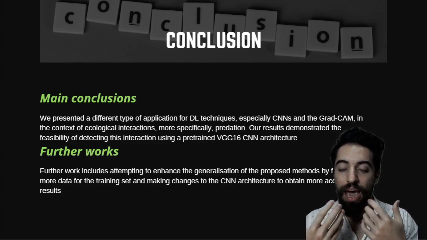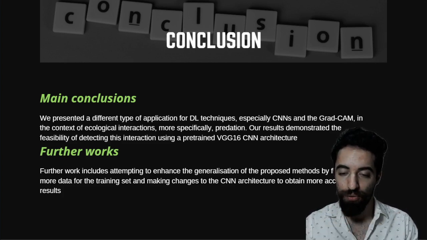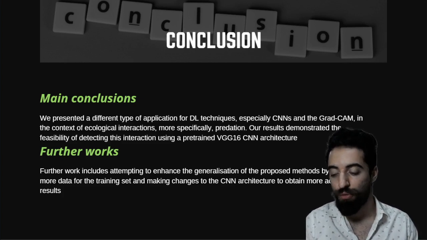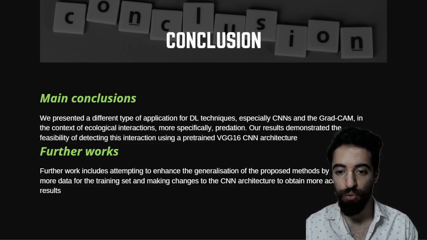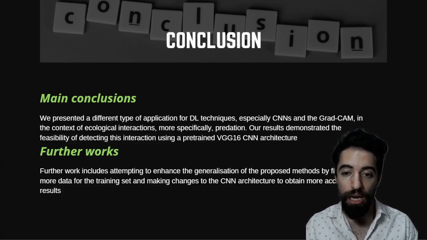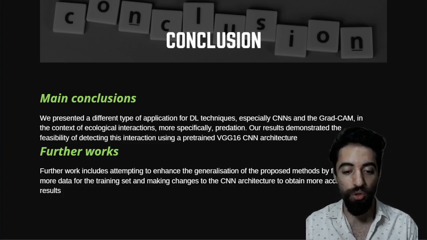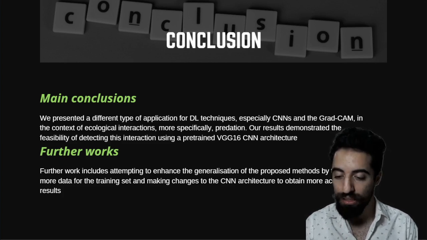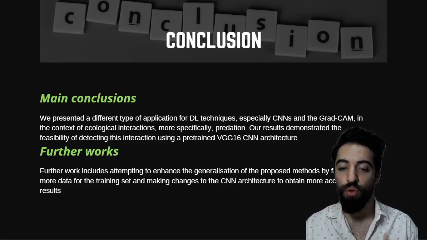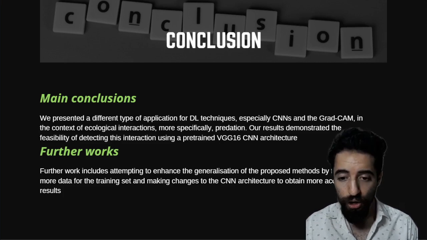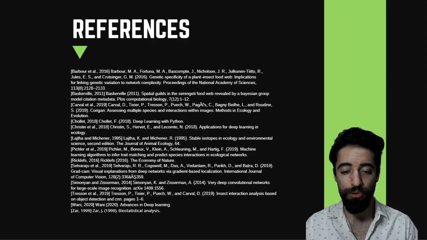We showed the feasibility here, but in future work we want to expand, of course, to improve the accuracy and precision for the validation, make some implementations with more images, and go to videos as well. So I end the presentation with these further works that we aim to do, and I'm going to show you the references right now.